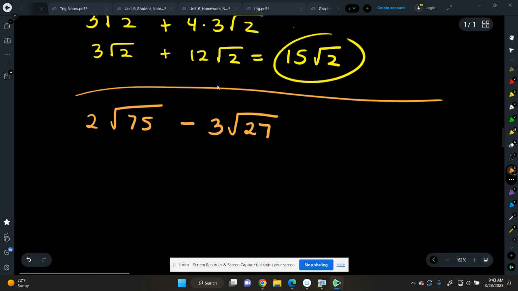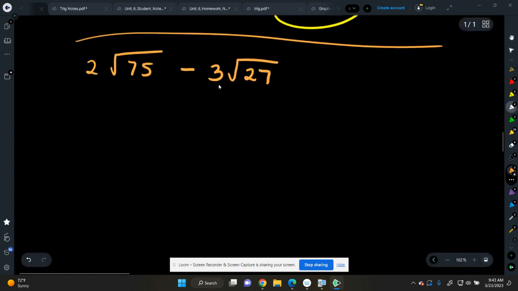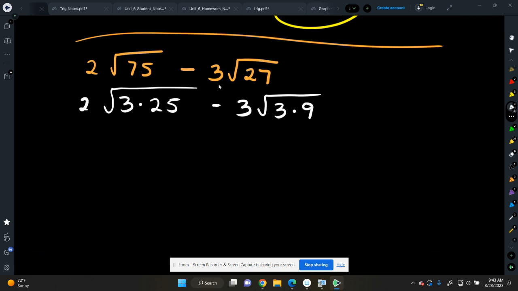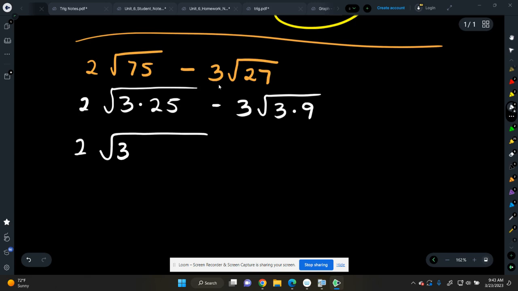Let's go ahead and simplify those. 75, I can write that as 3 times 25. And 27, we know that's 3 times 9. Just to make sure that no one gets confused, we're going to write this out even further. I know some of you can see right away that we can do something, but let's just write it out further.